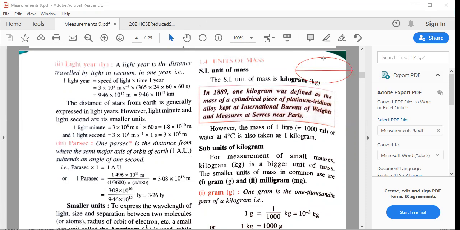Okay, इसको बोलते हैं, ये वाले छोटे को बोलते हैं semi-minor axis. Okay. तो सेमी मेजर एक्सिस इज दिस मच, क्योंकि हम अपना थोड़ा सा अर्थ ये है ना, थोड़ा सा ओवल शेप रहेगा ना. It's not a perfect circle. So it is the distance from where the semi-major axis of the orbit of Earth subtends an angle of 1 second. Okay, just 1 second, I'll just tell you.